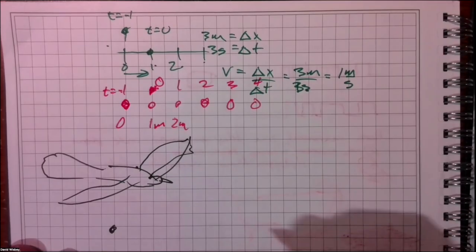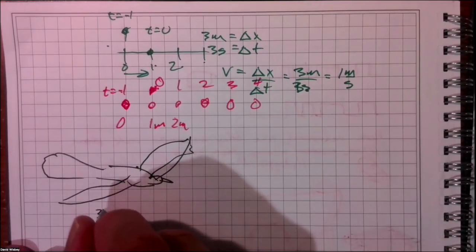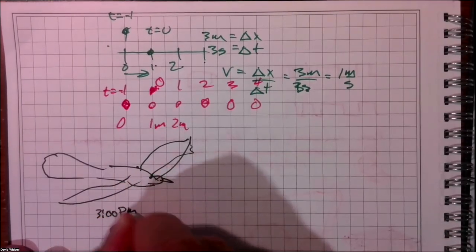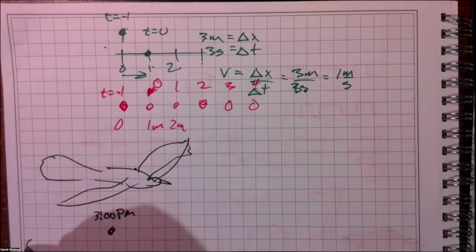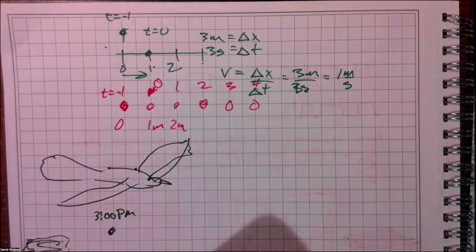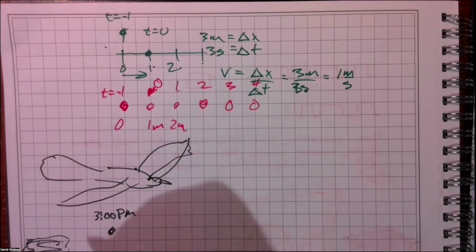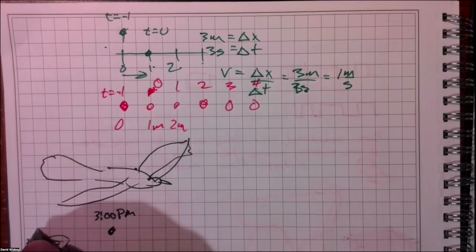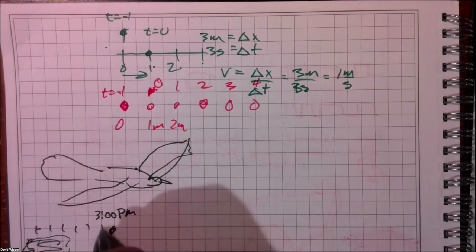So it says at 3 p.m. So this is 3 p.m. Where was Mr. Albatross? Okay, his nest is over here. There's his albatross nest. Okay. And at 3 p.m., he was 60 miles east of his nest. Okay, so this will be 1, 2, 3, 4, 5, 6.